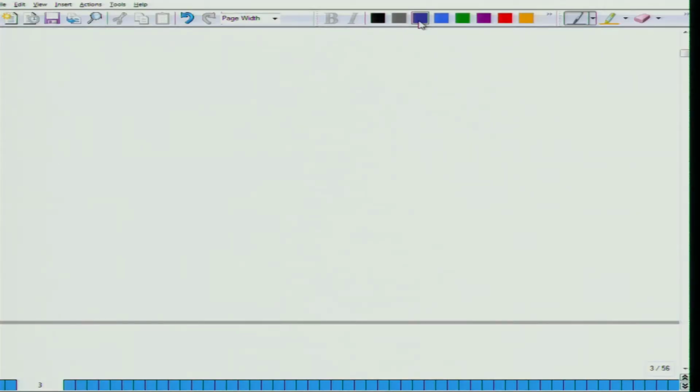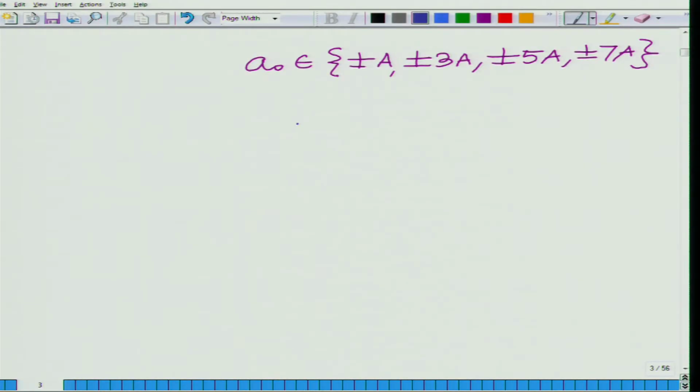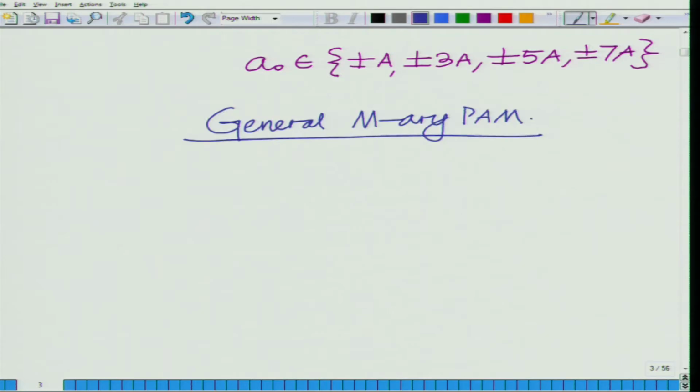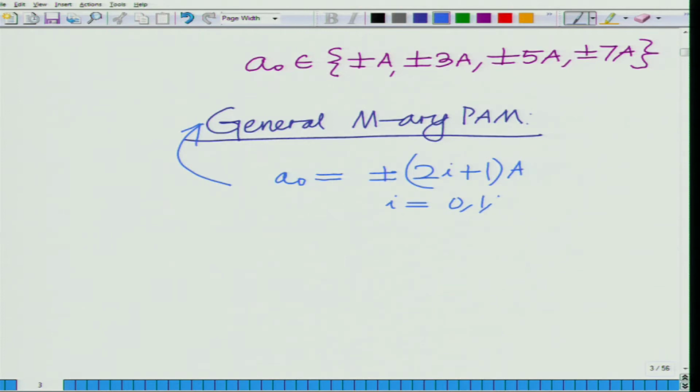Now, for general M-ary PAM, we have a naught equals either plus or minus (2I plus 1)A, where I equals 0, 1, 2 up to M by 2 minus 1.